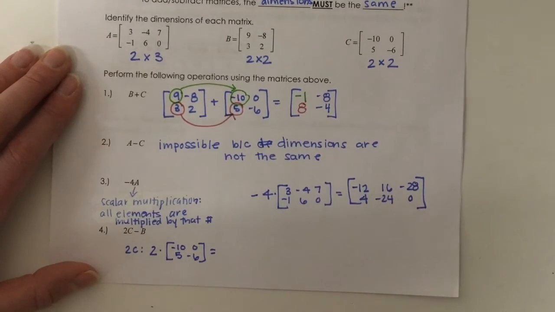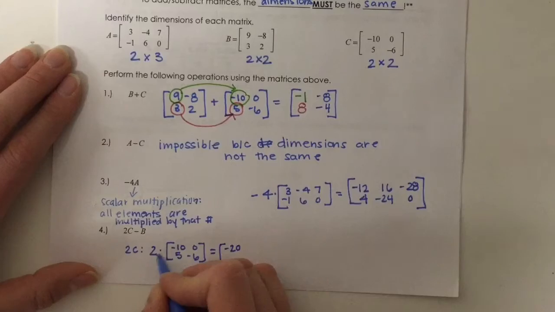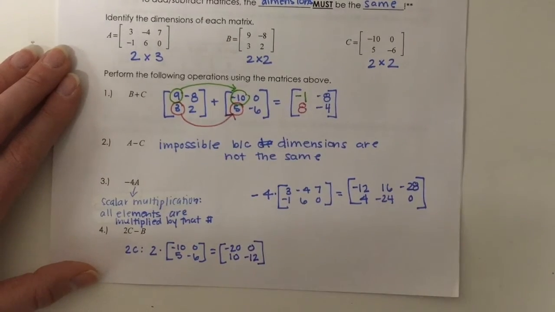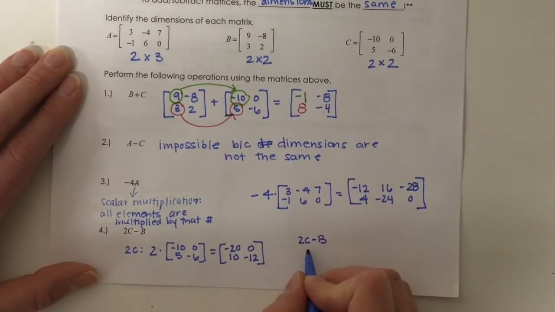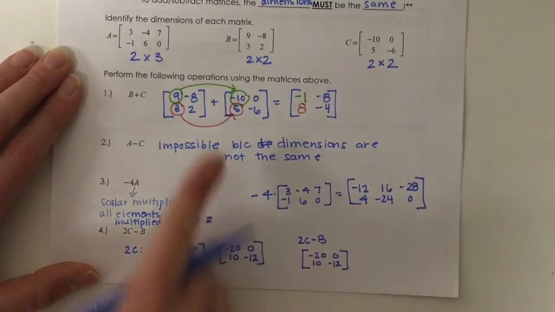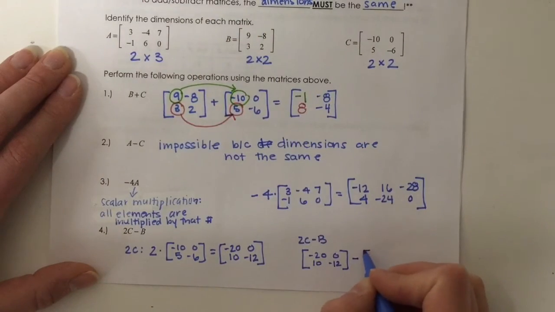So you're doubling everything in matrix C. 2 times -10 is -20. 2 times 0 is 0. 2 times 5 is 10. 2 times -6 is -12. So now what we're going to do is take 2C minus B. So matrix 2C, -20, 0, 10, -12, is a 2 by 2, minus matrix B, which is also a 2 by 2.